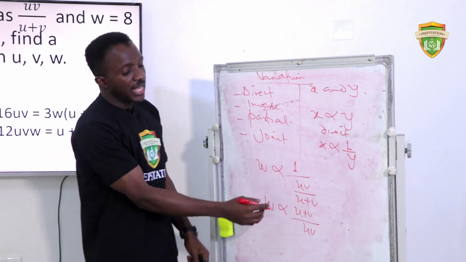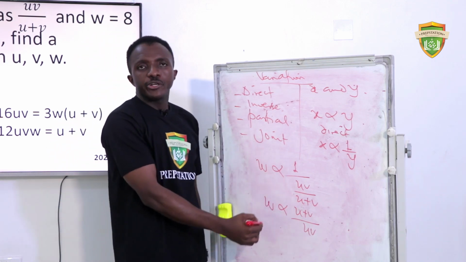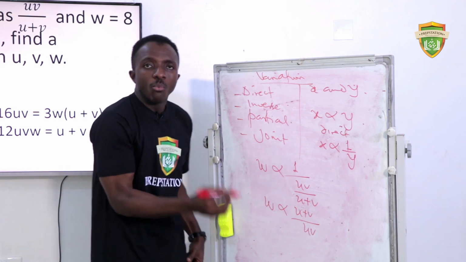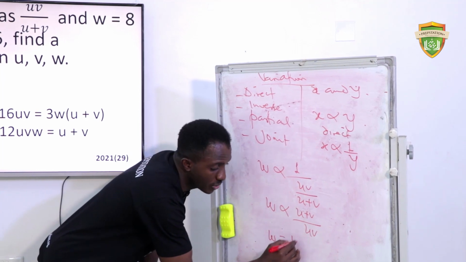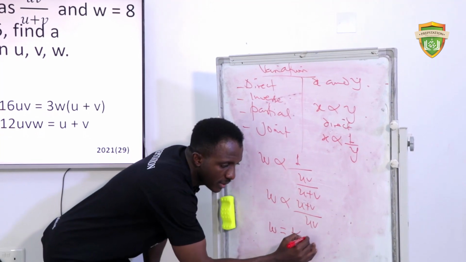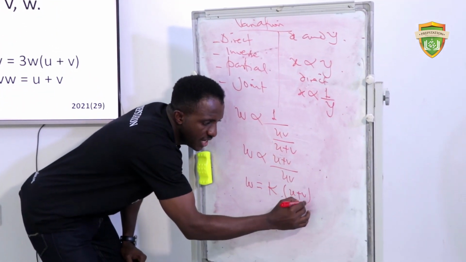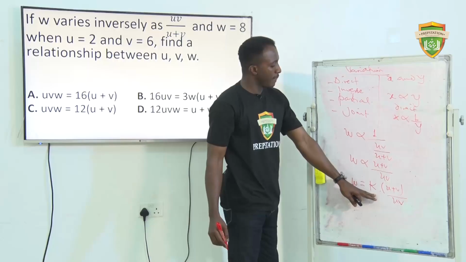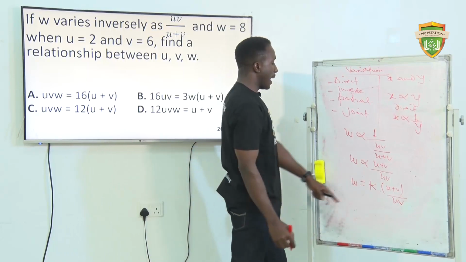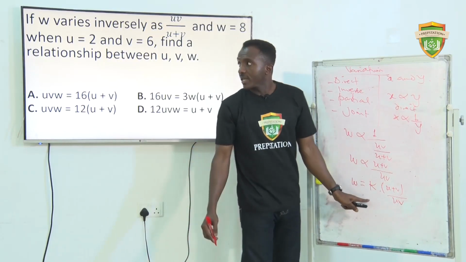I'm sure we're fine. Now the next step is to change this variation sign to equal sign. Whenever we do that, we introduce a constant. So we say w equals k times u plus v over uv. So we're going to find what k is.